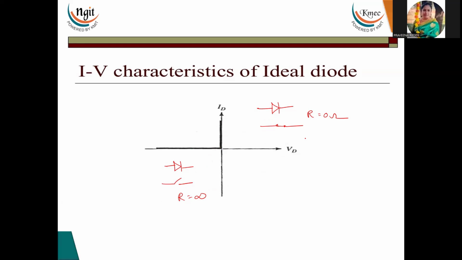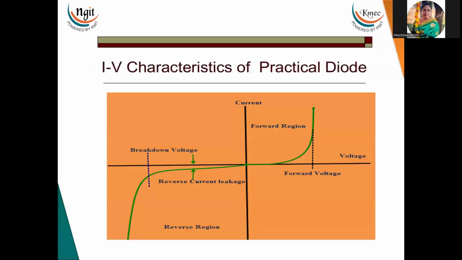But practically, this is the practical VI characteristics. Now in the forward bias, it offers some drop. The diode drops some voltage that is called the forward voltage or cut-in voltage or knee voltage. And similarly, in the reverse bias, a small current flows, that is because of the minority charge carriers, or we can also call it the reverse current or leakage current.